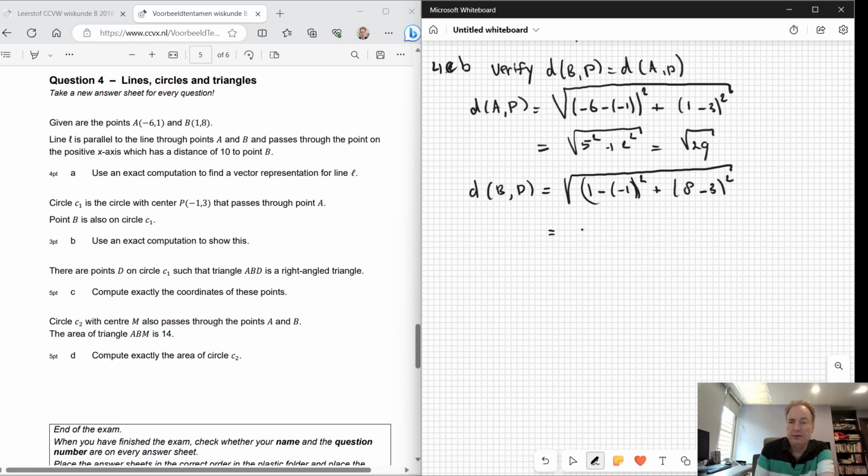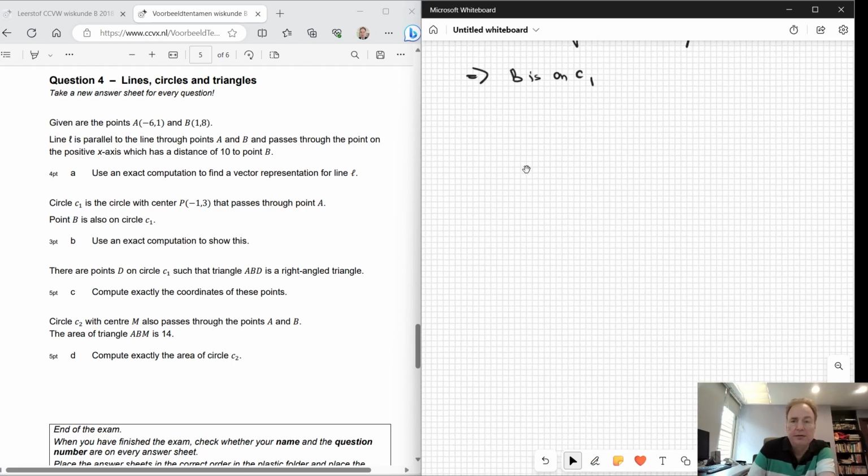So that is 2 squared plus 5 squared, which is really good because it's also the square root of 29. B is on circle 1.